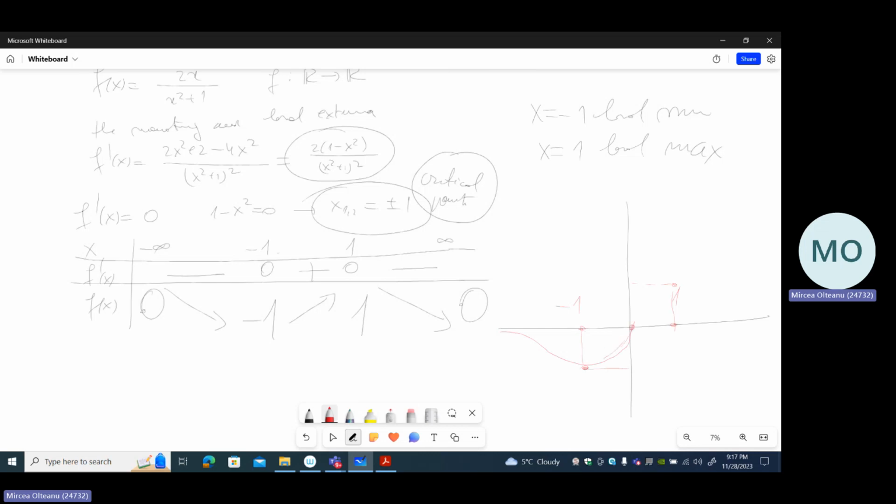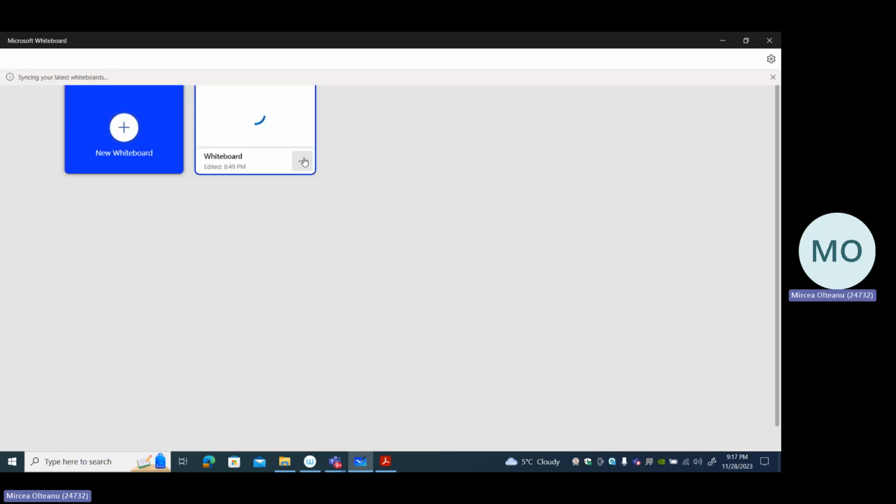Here, the graph passes through 0, through the origin, because f of 0 equals 0, and it goes like this. Okay, we do not enter into details about asymptotes, whatever, because we are interested in monotony and mainly in extrema. Let's consider another example.